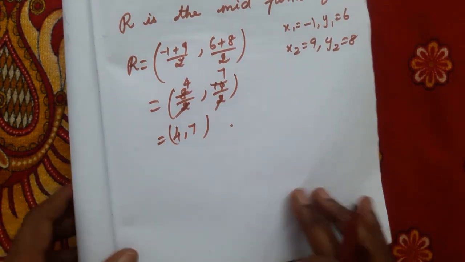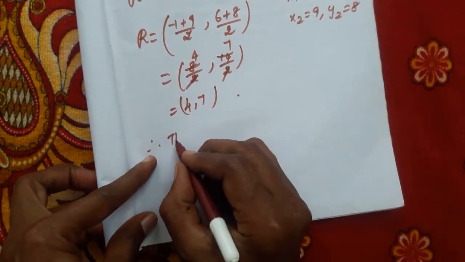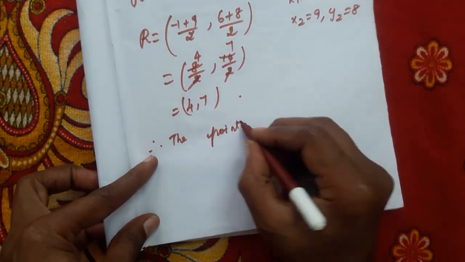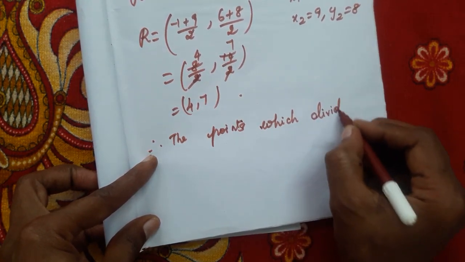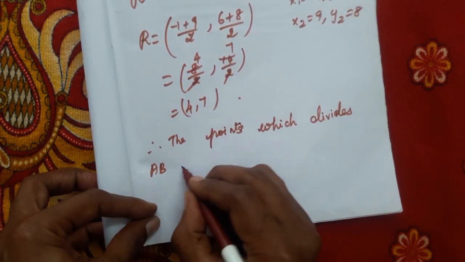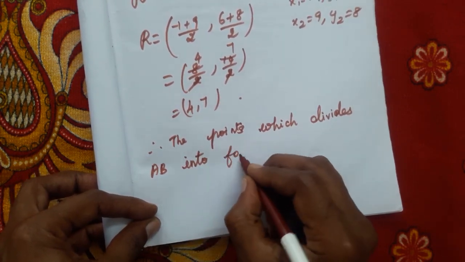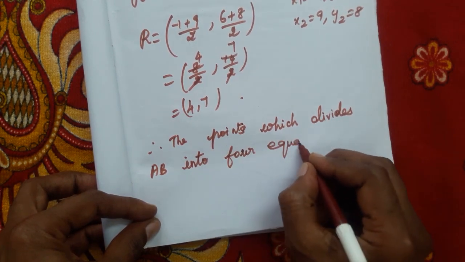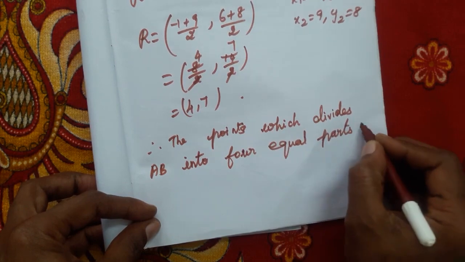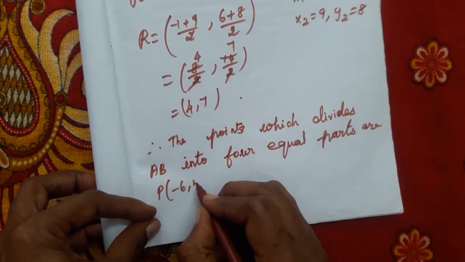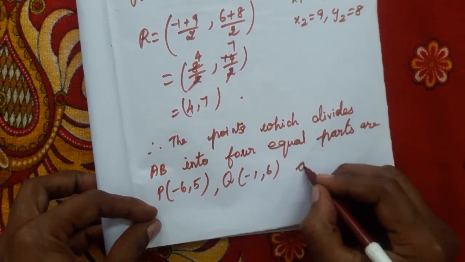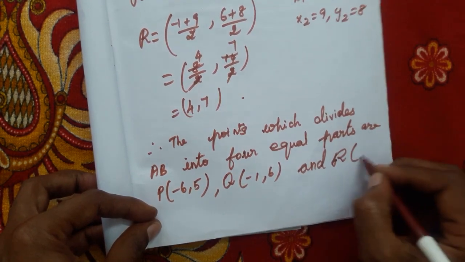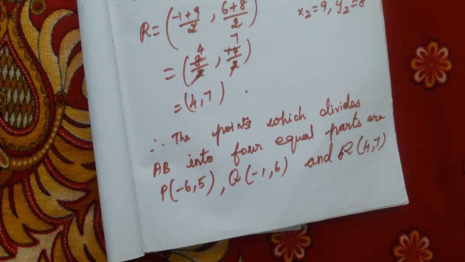Therefore, the points which divide AB into 4 equal parts are P minus 6 comma 5, Q minus 1 comma 6 and R 4 comma 7. Clear? Any doubt in here?